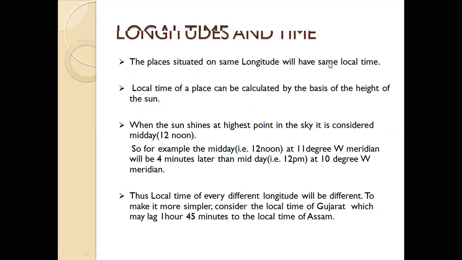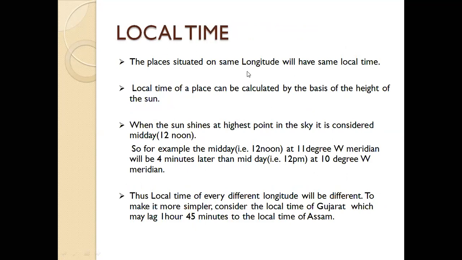Come to the next one, local time. तो हर longitude का अपना एक local time होता है. When the sun shines at the highest peak, that is at midday or 12 noon. Let me start with the first point again, that is the places situated on the same longitude will have the same local time, and the local time of a place can be calculated by the height of the sun.